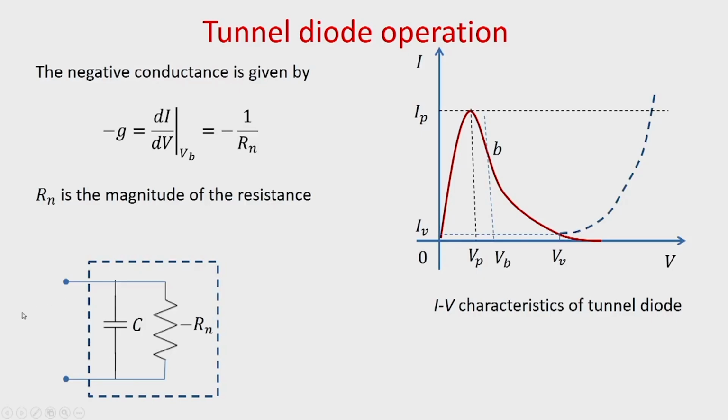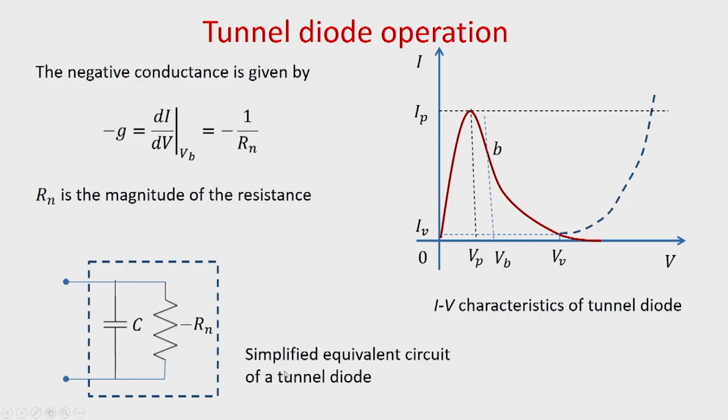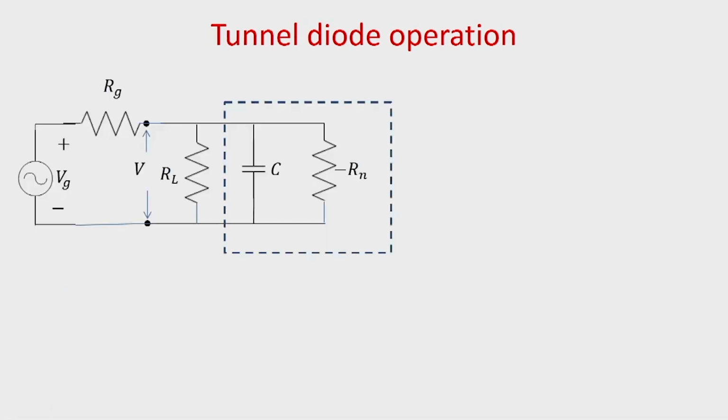There are of course other parasitic parameters, the packaging capacitance, the inductance of the connecting lead, these are not shown here, and this is the simplified equivalent circuit model of a tunnel diode. Let us now see how we can have amplification or oscillation from this type of tunnel diodes.